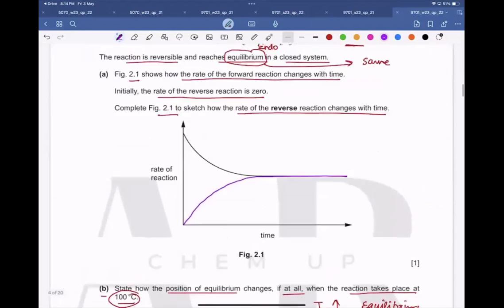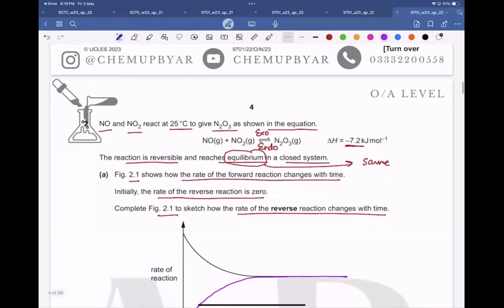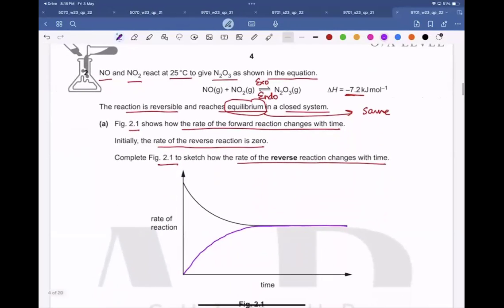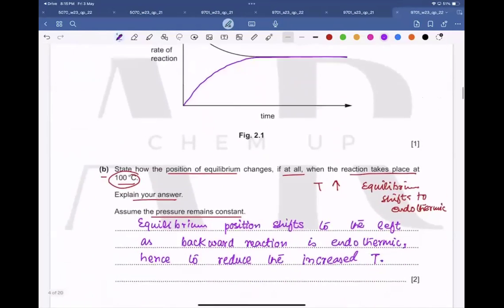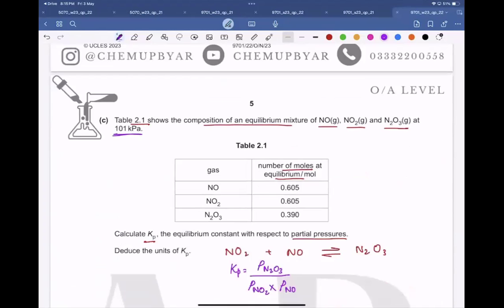Now, did they mention the total pressure? Okay, yes, here we have a total pressure. They have mentioned the total pressure.